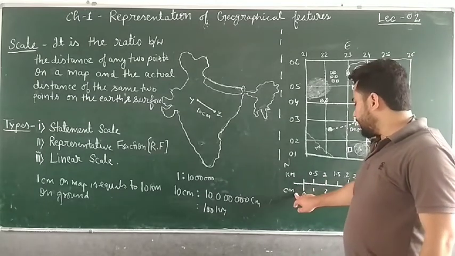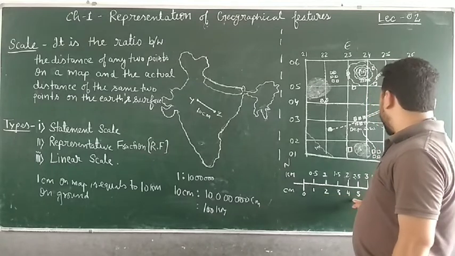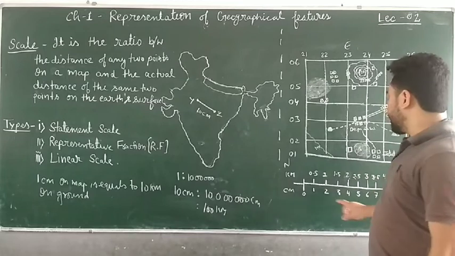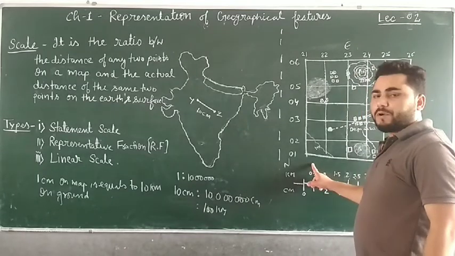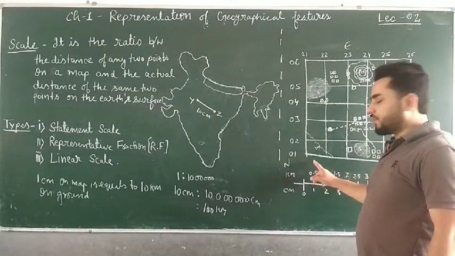Here they have shown centimeter downside, kilometer upside. Downside 0, 1, 2, 3, 4, 5, 6, 7, 8, upside 0, 0.5, 1, 1.5, 2, 2.5. So it means that 1 centimeter on paper is equal to 0.5 kilometer, or half kilometer, on ground.